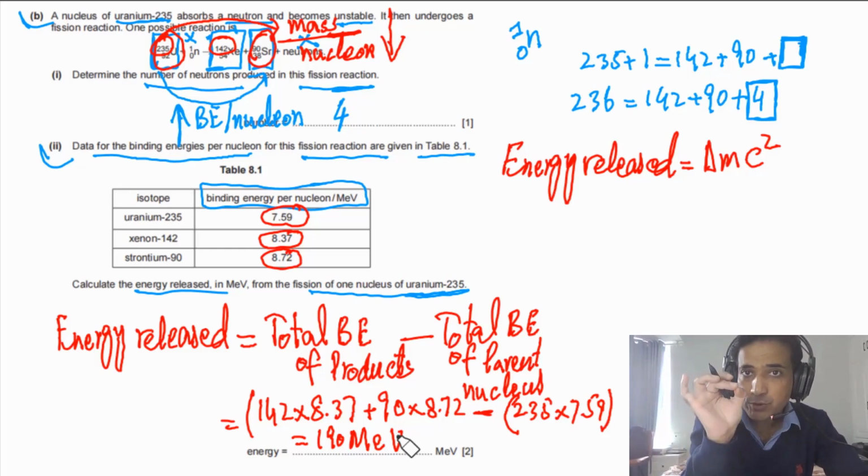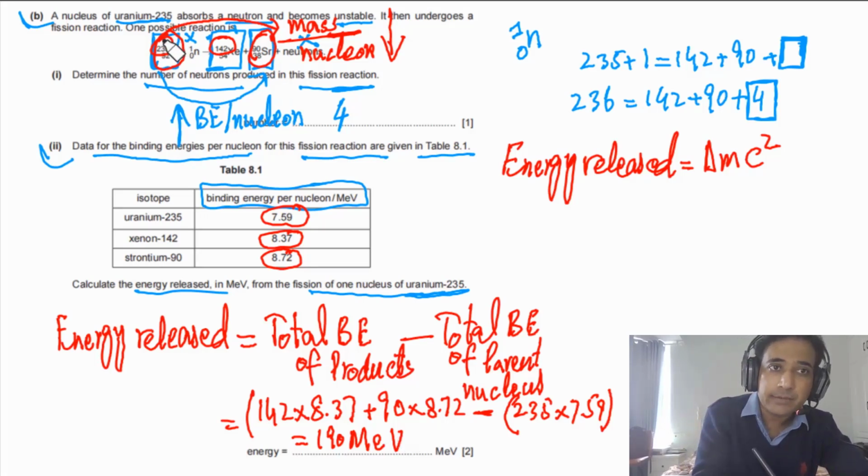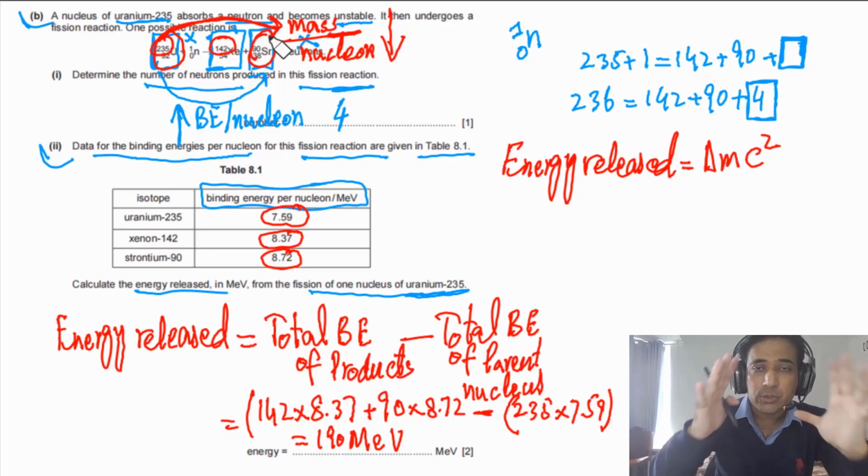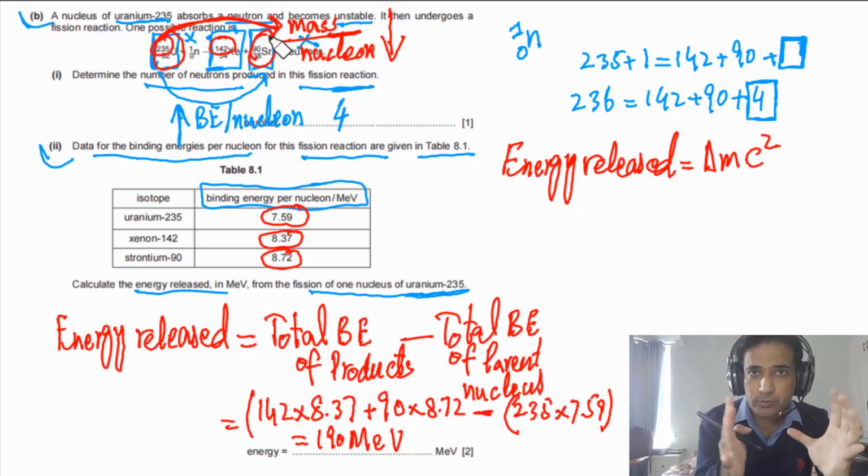Individual nucleon means individual particle, there are no individual nucleons. Nucleon means particles in the nucleus. So individual particles do not have binding energy. And in any reaction, mass per nucleon decreases, means the mass per nucleon of products is lower, or you can say the total mass of daughter products.